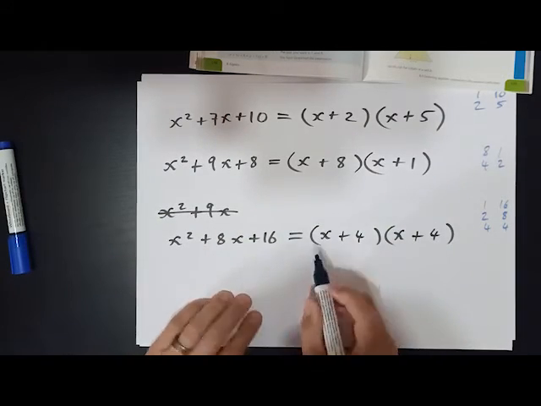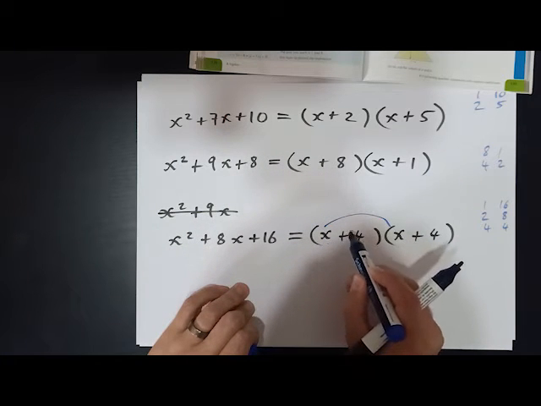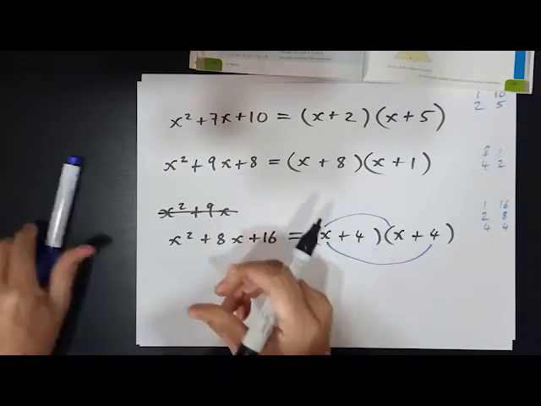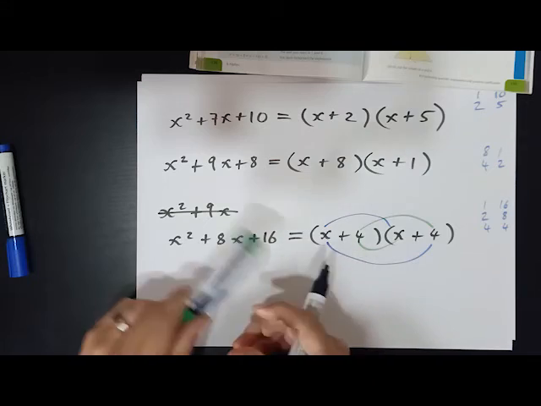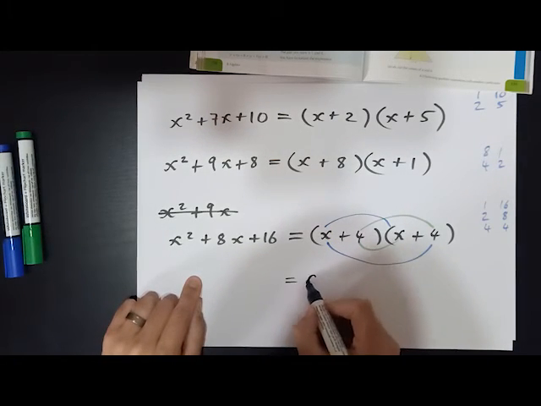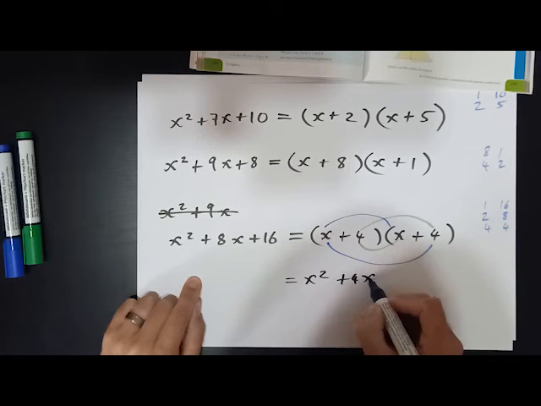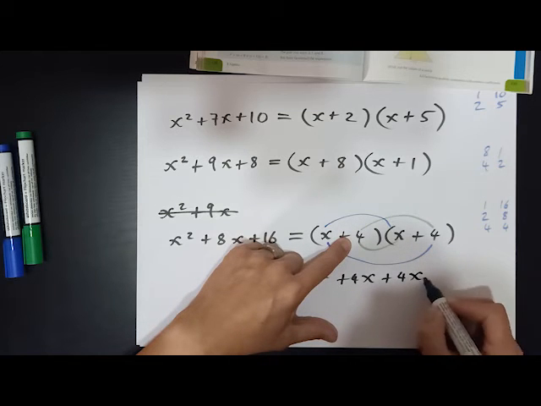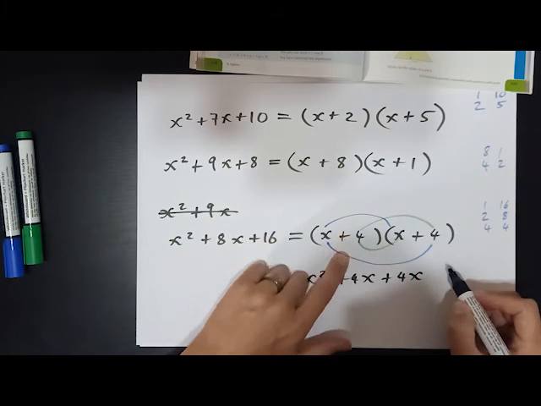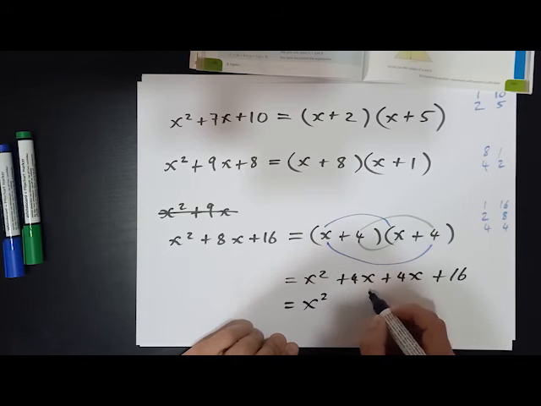You can do a check if you want. We can do our smiley face. x times x is x squared, x times 4 is plus 4x, and then 4 times x is plus 4x, and 4 times 4 is 16, which reduces down to plus 8x.